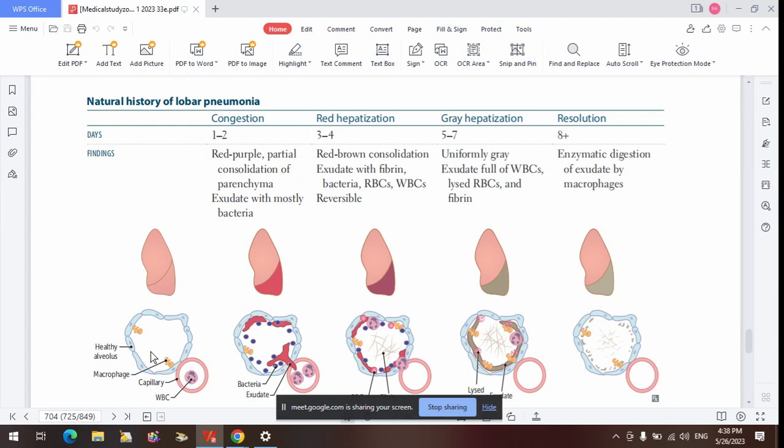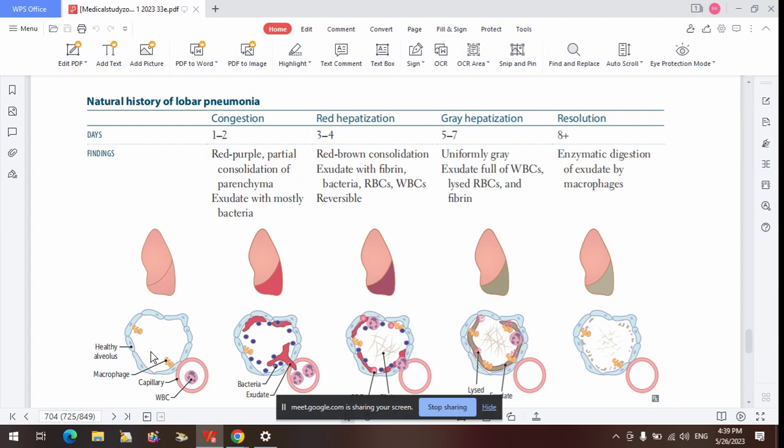By the time it's getting to day 3 to day 4, that's when you start having your neutrophils coming around. Day 3 to day 4, acute inflammatory response. Our neutrophils come around because we've had enough blood flow to that area. Neutrophils are recruited, white blood cells, and the red blood cells and fibrin, everything with the bacteria, are being deposited at that area. They make up the exudate.